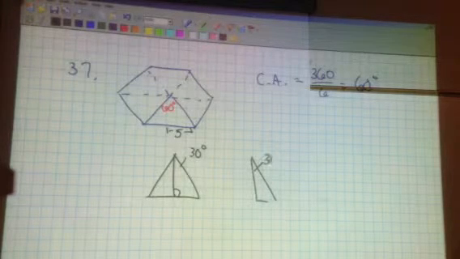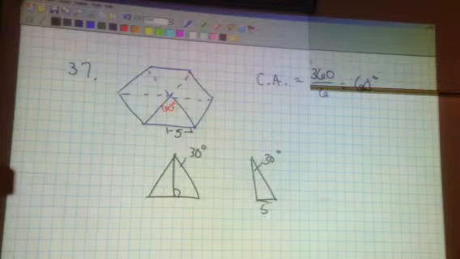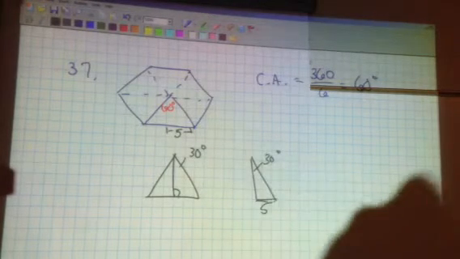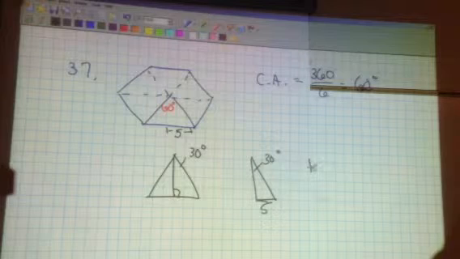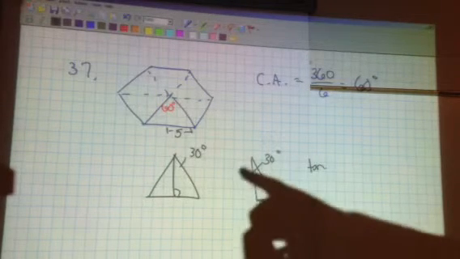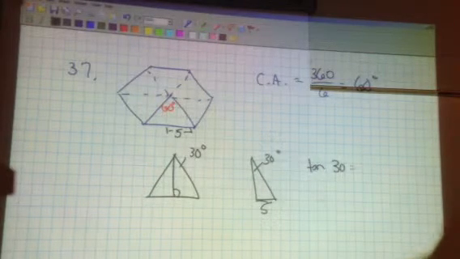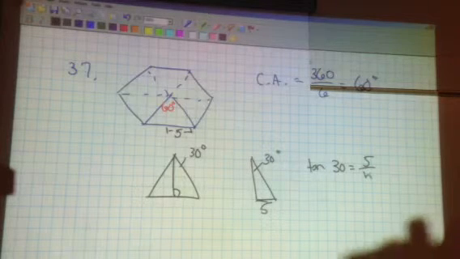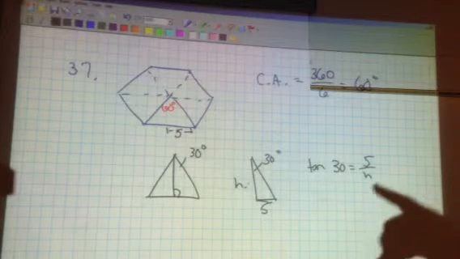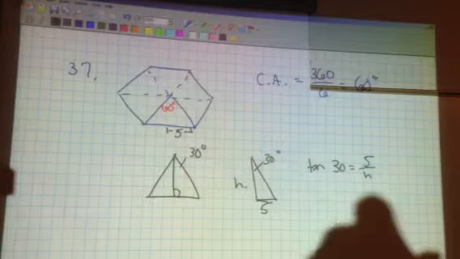So right now, if I want to take this half, I can find the area easily and find the height. So this is a 30-degree angle. So we had to cut the 60-degree angle in half. This is the length of 5. And so I'm going to find this height. I'm going to use tangent. Tangent is opposite over adjacent. So the tangent of 30 equals 5 over my height in this case. So I need to multiply both sides by h.